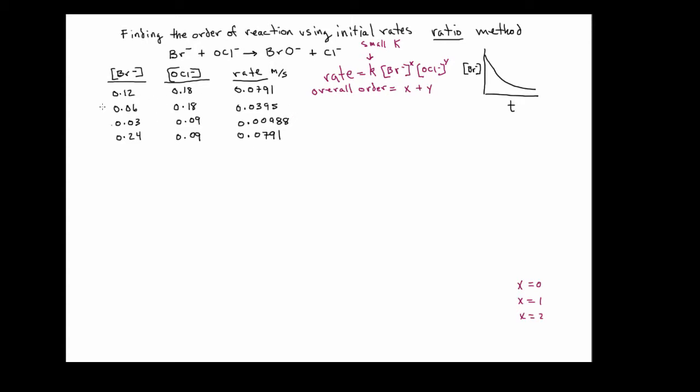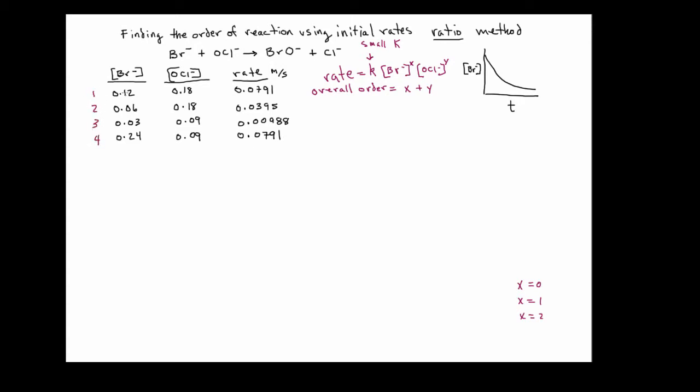So let's look at this table of data and figure out how we're going to find x and y. If you look at this table of data, what does it represent? These are all initial rates. So the rate of the reaction at initial concentration of Br minus, if we look at experiment number 1, I'll go ahead and label these 1, 2, 3, and 4.